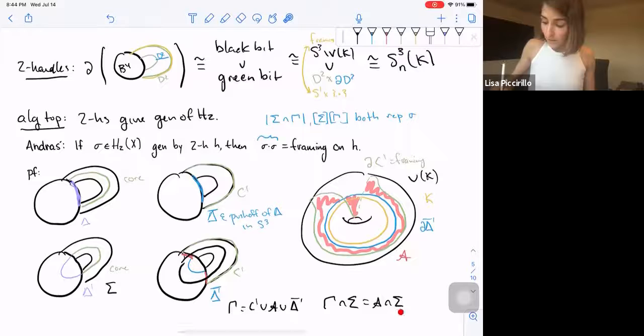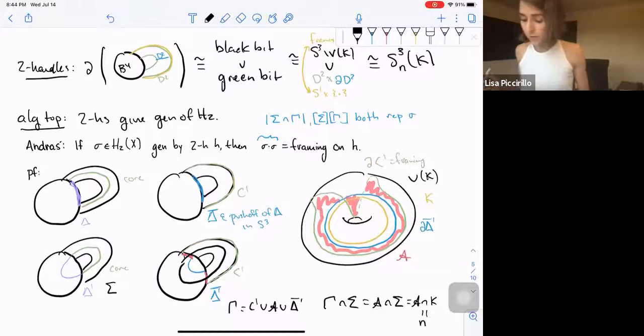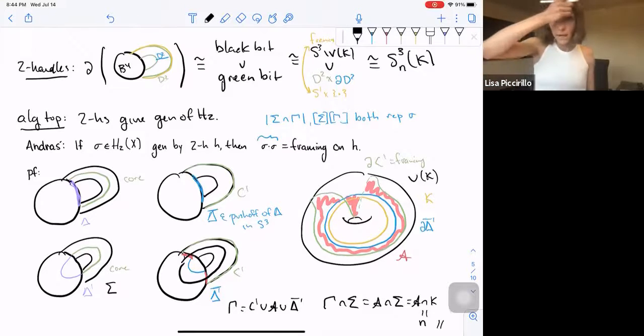So we only see sigma running through the neighborhood of the knot in exactly the knot itself, in K. So A intersect sigma is exactly just going to be A intersect K. And I'll leave it for you to finish off, proving that the intersection of that annulus with the knot, the core of the solid torus, is precisely the framing.